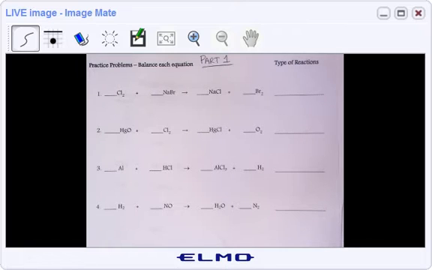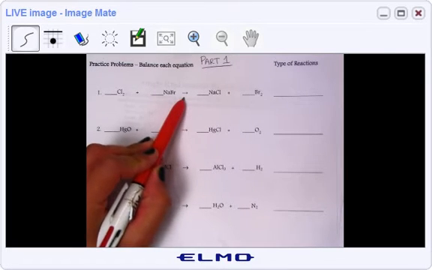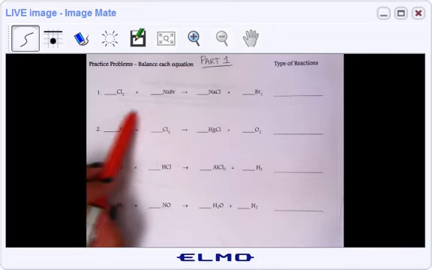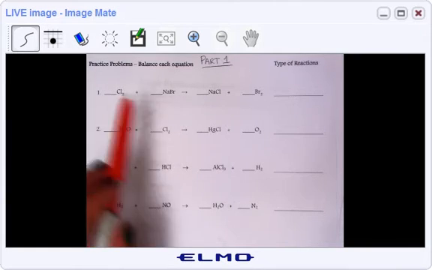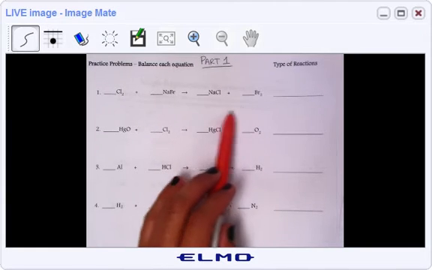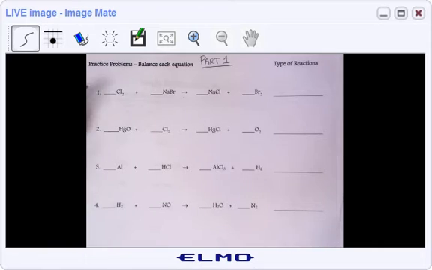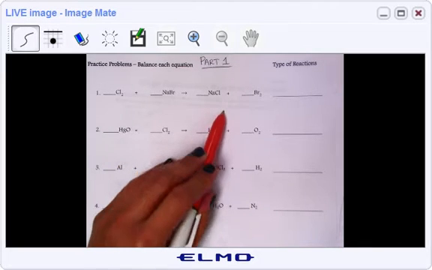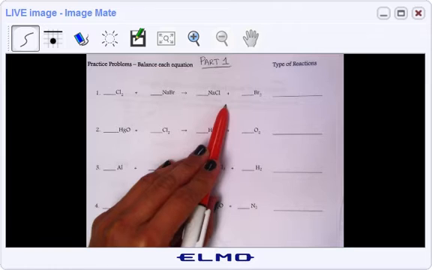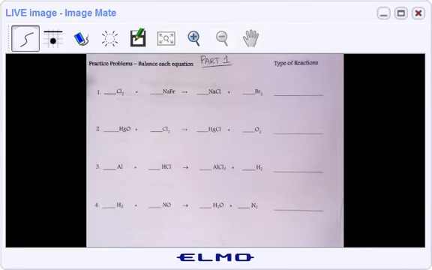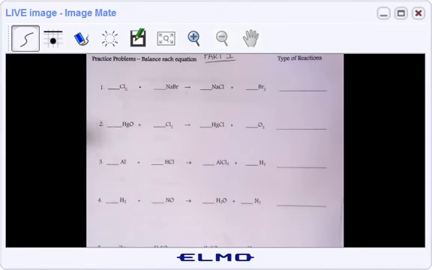However many molecules are on one side of the arrow, the reactant side, has to be the same on the other side as well. So if there's 2 chlorines on the reactant side, then there have to be 2 chlorines over here on the product side. And that's what the law of conservation of mass is, and that's why we balance equations.